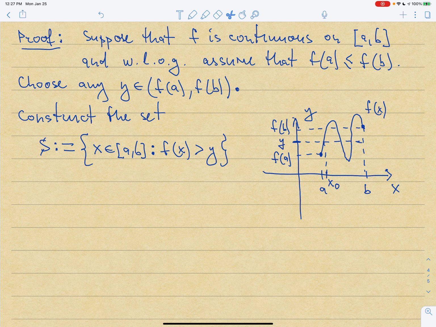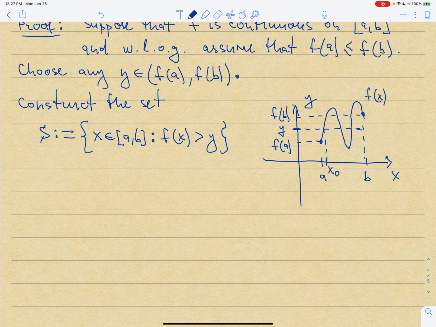All right, so let's express this mathematically. Number one, my picture of the set S is not empty because there are a bunch of points inside the interval from A to B where f of x is bigger than y, but generically why would S not be empty?